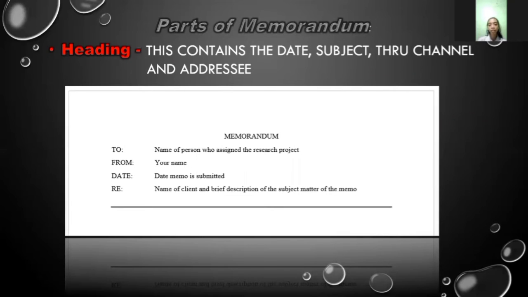Parts of a memorandum: heading. This contains the date, subject, through channel, and addressee. Kaya tayo nakafocus sa memorandum kasi ito yung madalas na ginagamit na format sa pag-create ng reports.